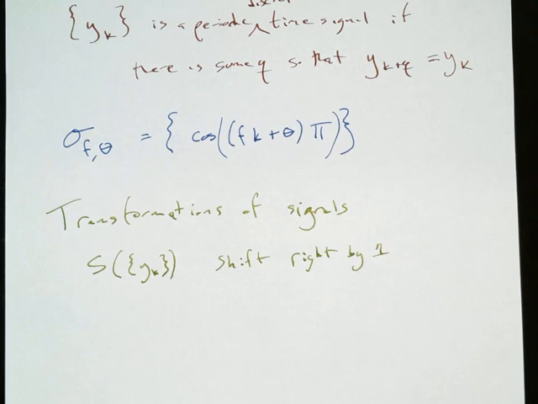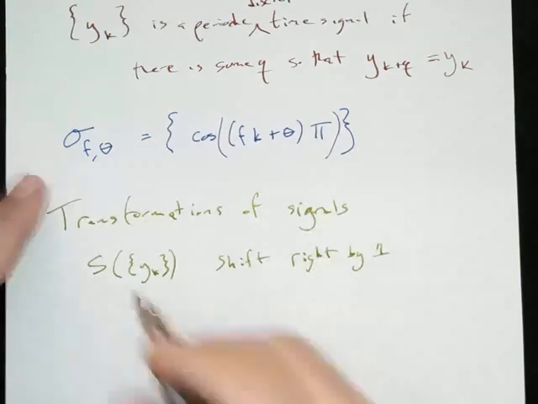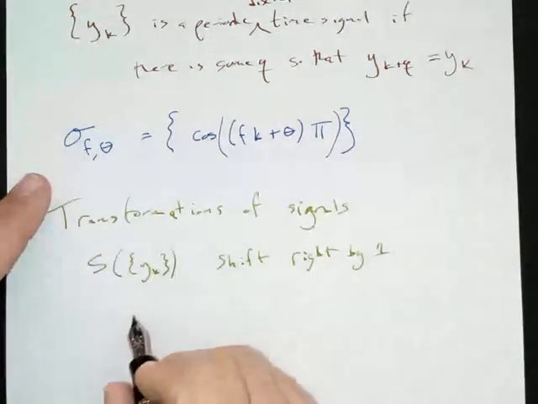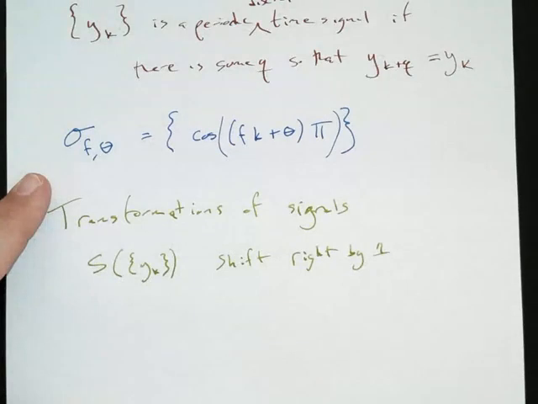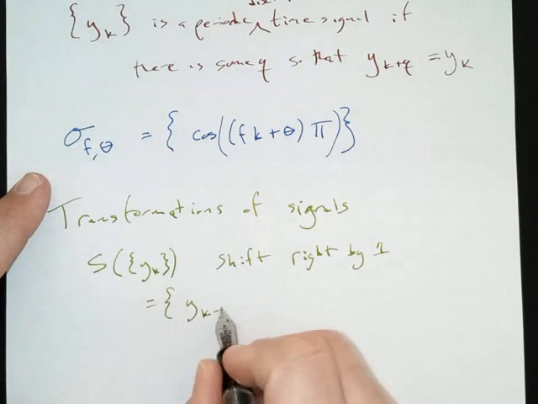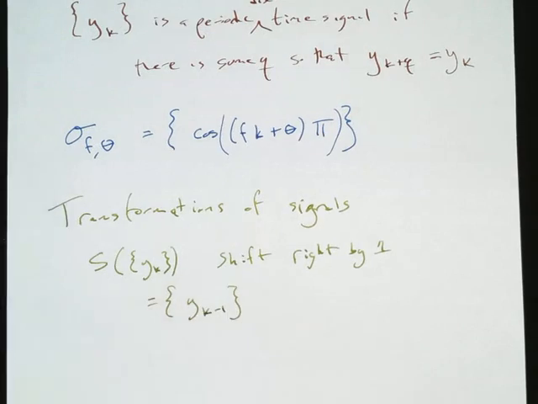In assembler, this is called an arithmetic shift right, ASR. But what that means is that S of YK, the signal, moves one unit over. Now, what is it? What the S of YK equals brace YK minus 1?